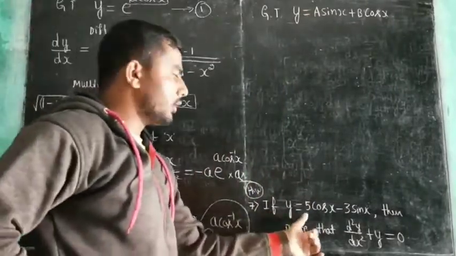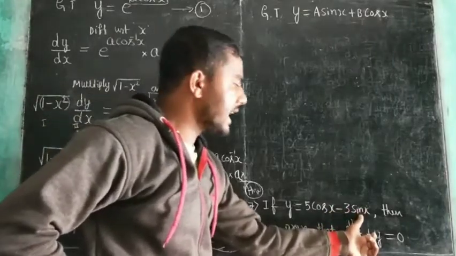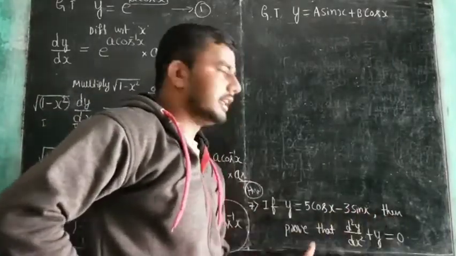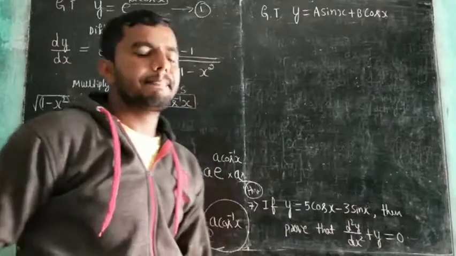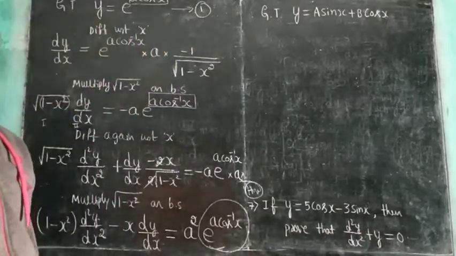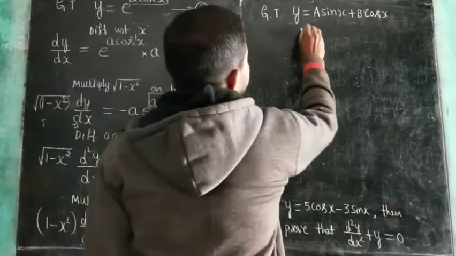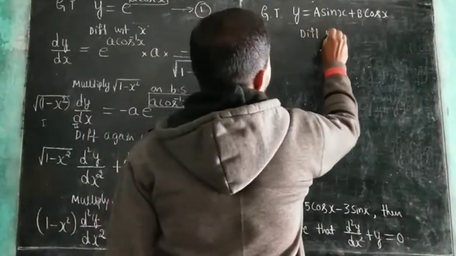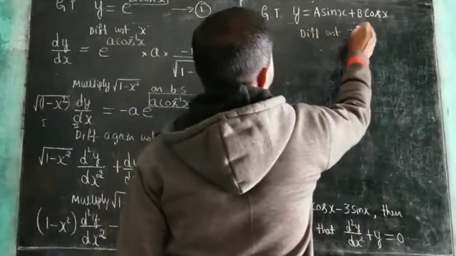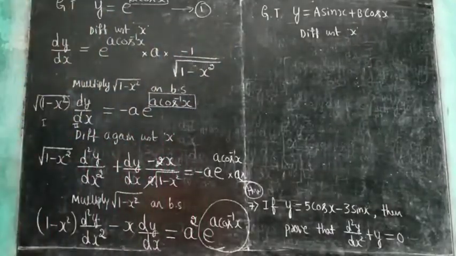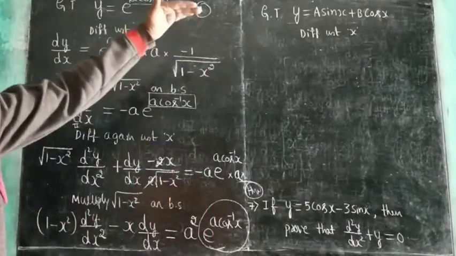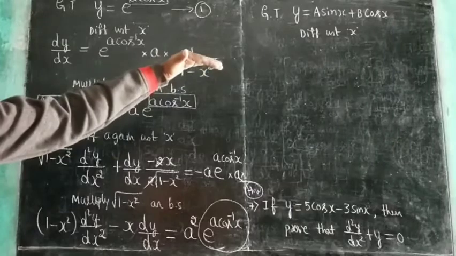If y is equal to 5 cos x minus 3 sin x, then prove that d square y divided by dx square plus y is equal to 0. So first differentiate with respect to x. The derivative of y, should we write y1, dy by dx, or y dash?